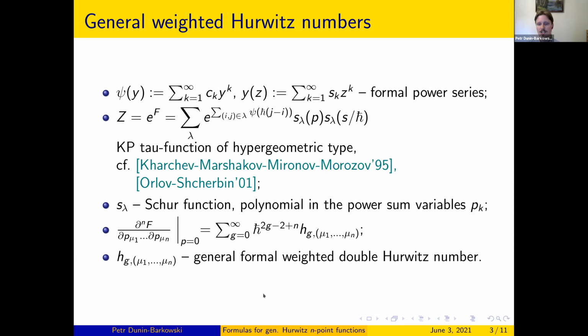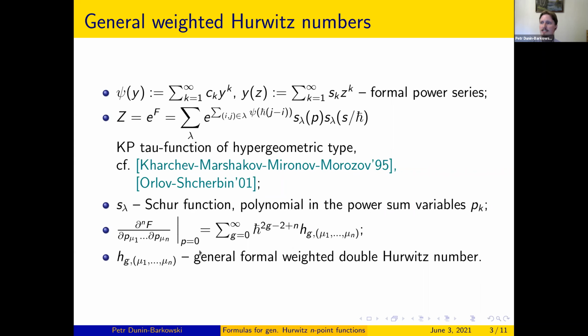This is what we call a general formal weighted double Hurwitz number. So this is firmly in this formal power series domain. If you have any formal power series psi and y, then you can get these numbers h.